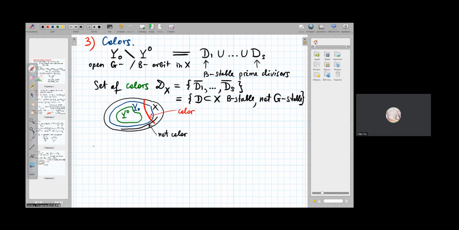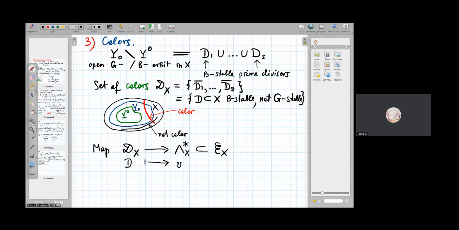So we have a map from the set of colors to the dual of the weight lattice, which of course sits in this vector space E sub x, taking a color D to the vector in the dual of the weight lattice, that is a linear function on the weight lattice with integral values, which is obtained as follows.